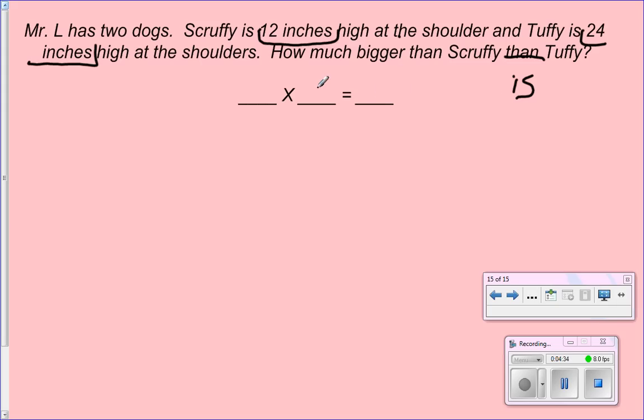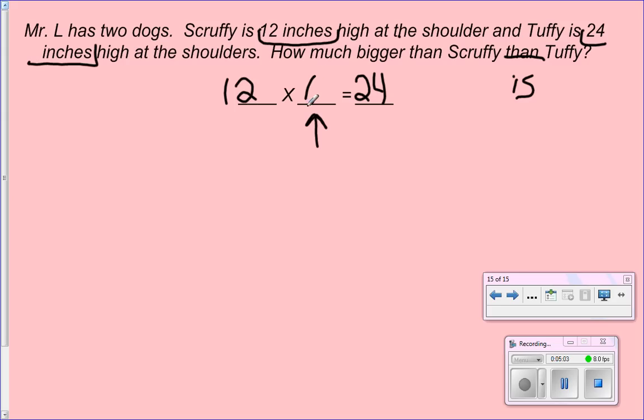So in this case, what we're trying to figure out is the number we're multiplying by. We're trying to figure out how many times bigger is Tuffy than Scruffy. So I'm going to put 24 over here because this is Tuffy's height. And I'm going to put 12 over here because that's Scruffy's height. And we're trying to figure out how many times bigger?